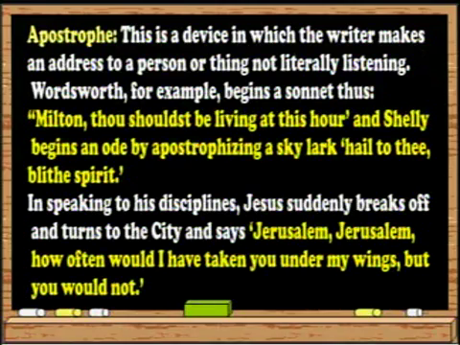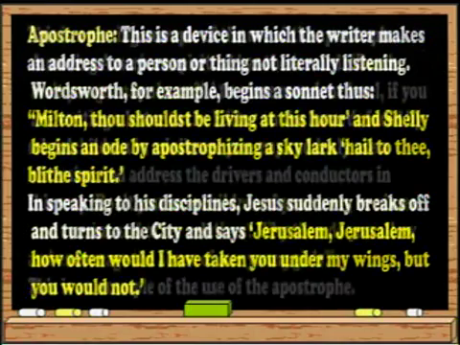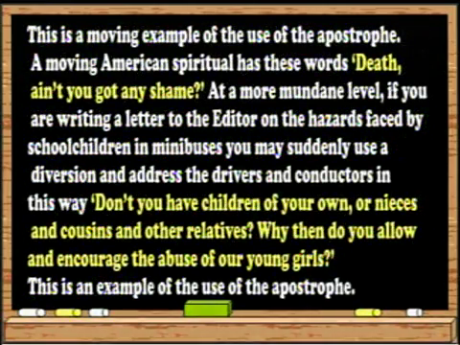And Shelley begins an ode by apostrophizing a skylark: Hail to thee, blithe spirit. In speaking to his disciples, Jesus suddenly breaks off and turns to the city and says, Jerusalem, Jerusalem, how often would I have taken you under my wings, but you would not. This is a moving example of the use of the apostrophe.